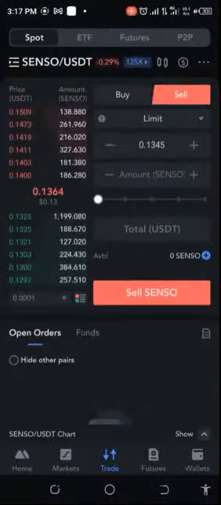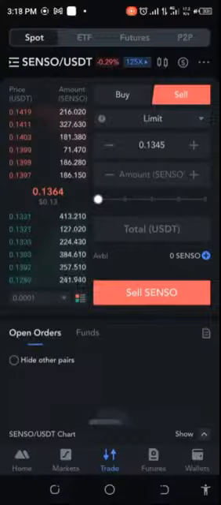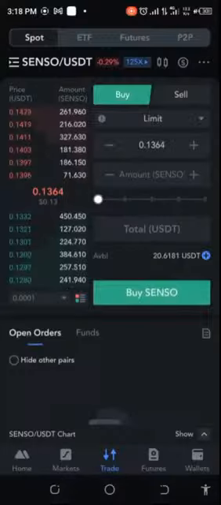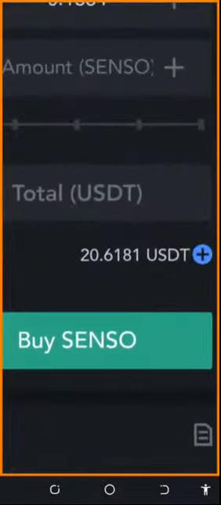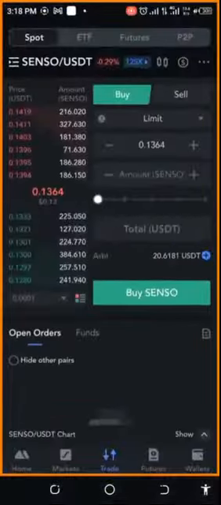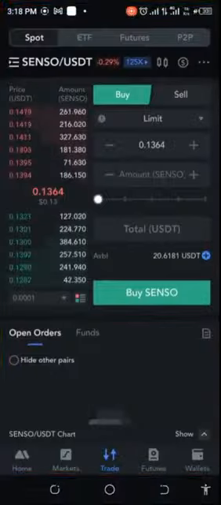All right, I'm back, and it has already sold to USDT. Yes, Senso USDT is already sold. As you can see, Senso has been sold to USDT. I'm so happy. And what do we have here? Yeah, we've got 20.61, just like we said it, right? And this trade wasn't that long, really.